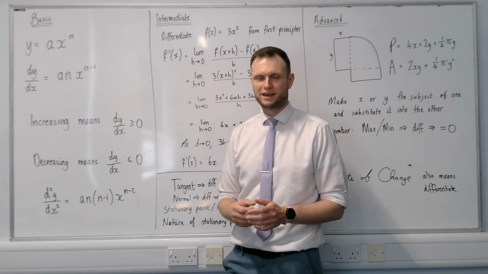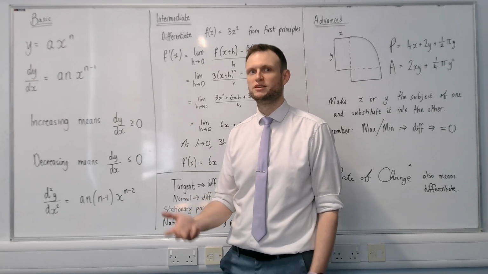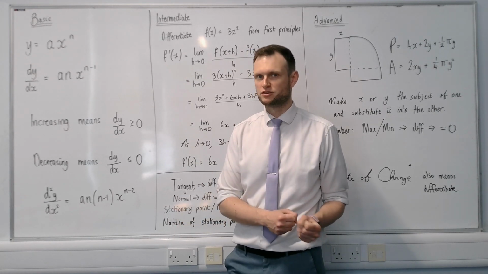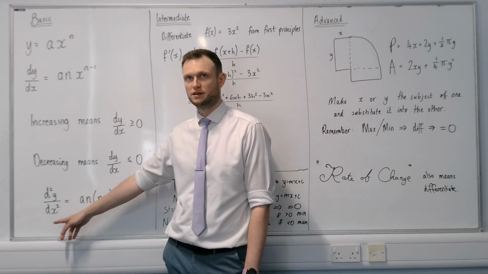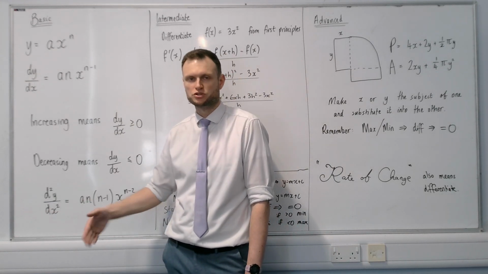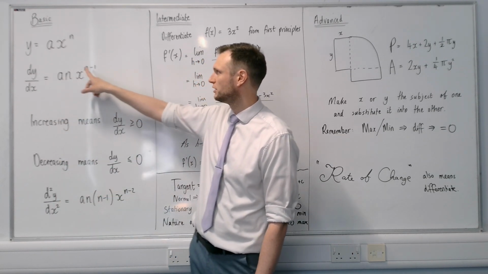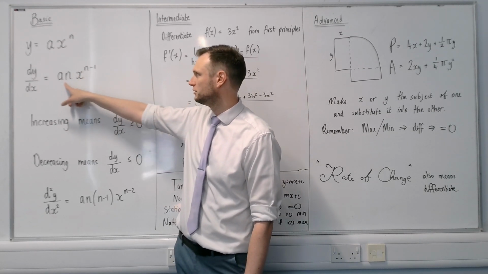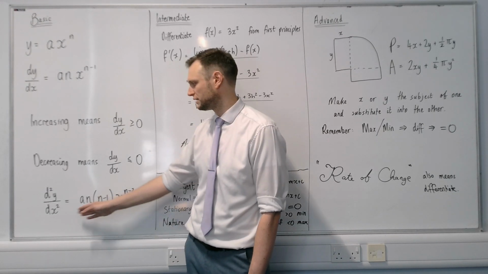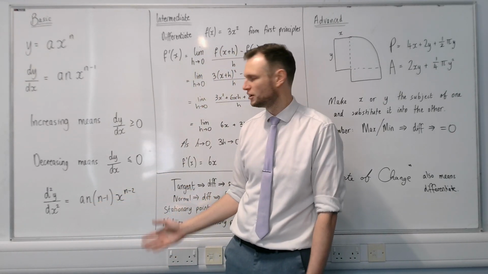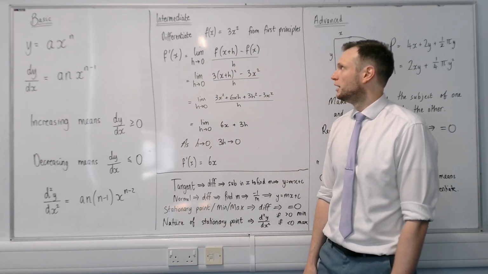That does happen occasionally, but I see a lot of people differentiating twice just to find the stationary point, and that's not how that works. To differentiate a second time, you just do exactly the same again. This is the first derivative, you multiply the power down and reduce the power by 1. It looks complicated, but normally these aren't letters, they're just numbers. So you just times by the power again, reduce the power by 1.